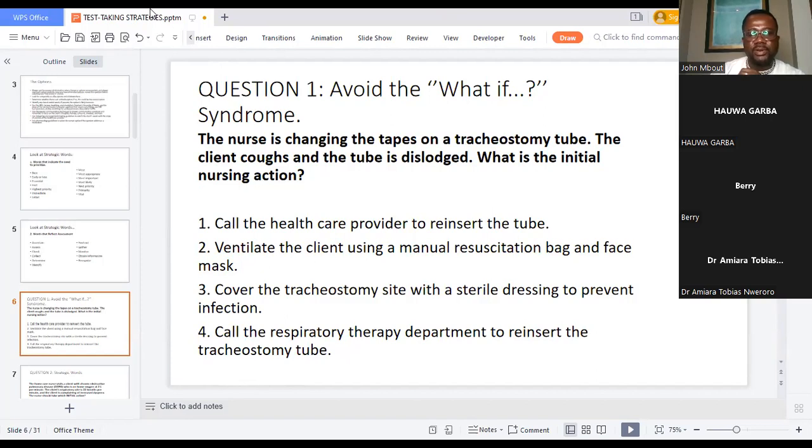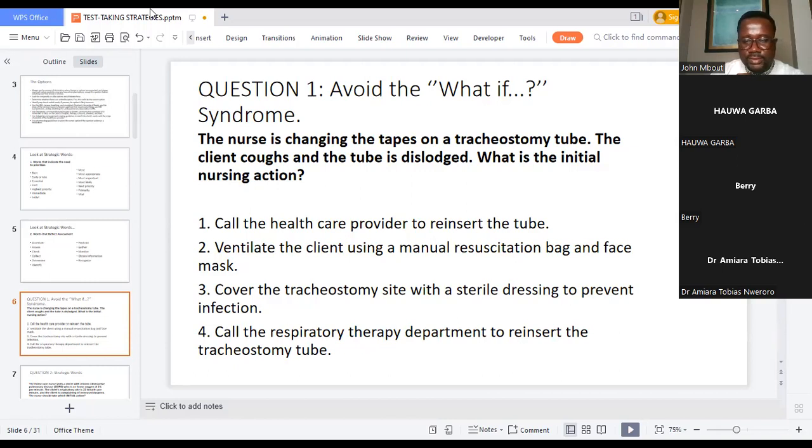I pressed something here. Excuse me, guys, I pressed something.